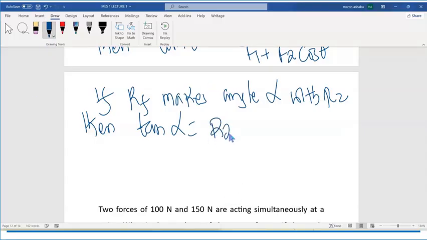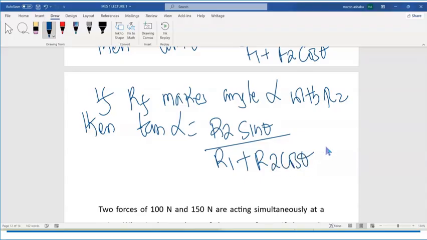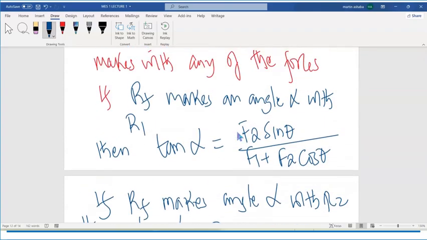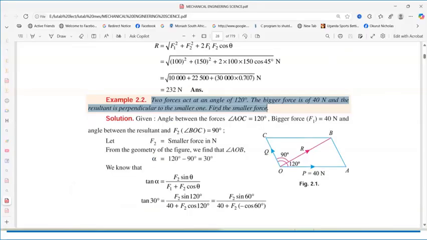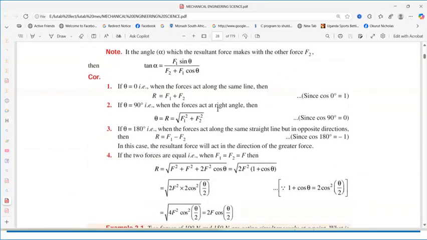This is R2, sine theta, R1 plus R2 cos theta. Yeah. So that means with R1, let's confirm something here.